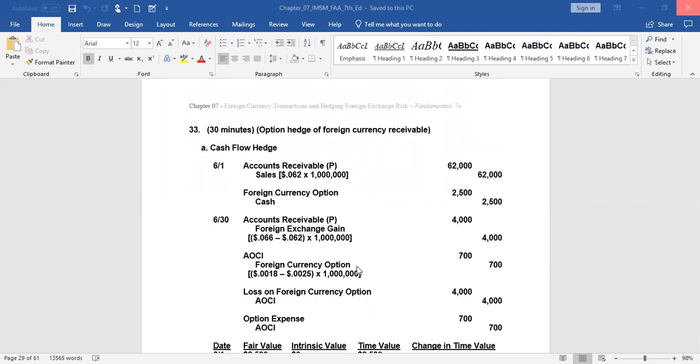On June 1st, Alexander decided to acquire an option to sell 1,000,000 pesos in 3 months at a price of 0.062, which is the spot rate today. So what this is saying is, remember what an option is. It's an option. You purchase this, so you have to buy it, and it's your option.